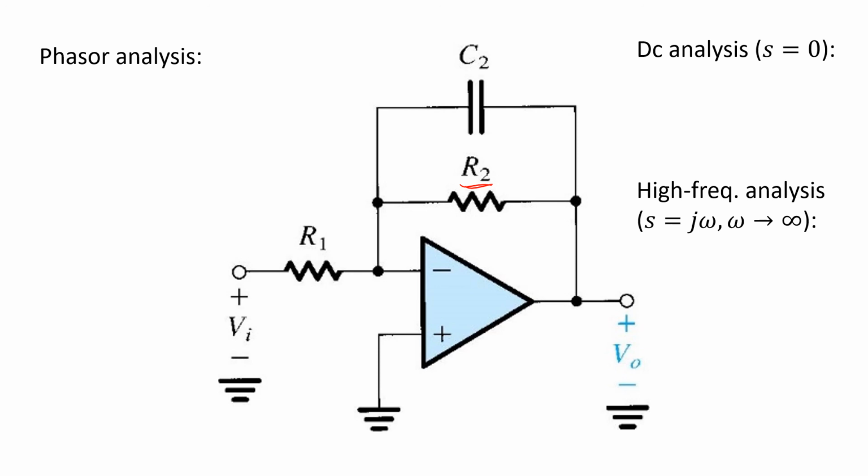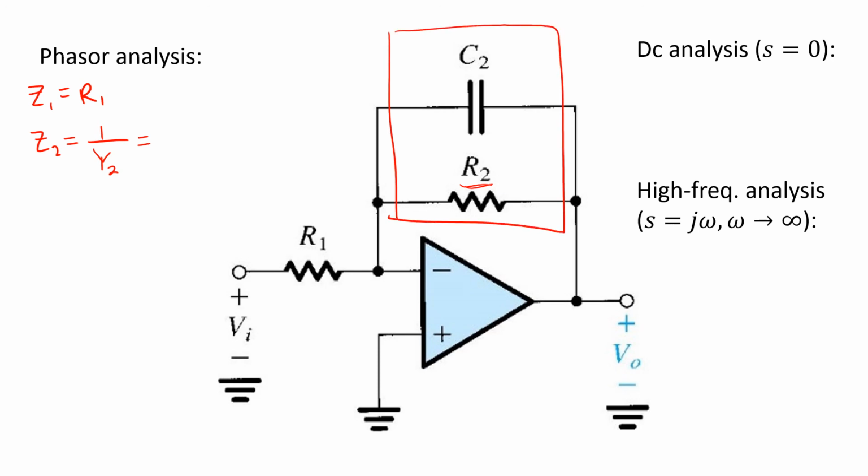First, let's recognize that this is still a special case of the generalized inverting configuration, where the impedance Z1 is simply the resistor R1, and the impedance Z2 can be written as 1 over its admittance, and the admittance of the parallel combination of R2 and C2 is simply the admittance of the capacitance C2 plus the admittance of the resistor R2.